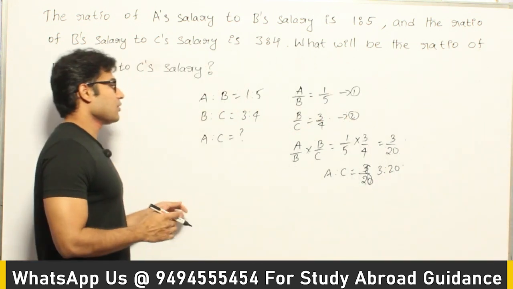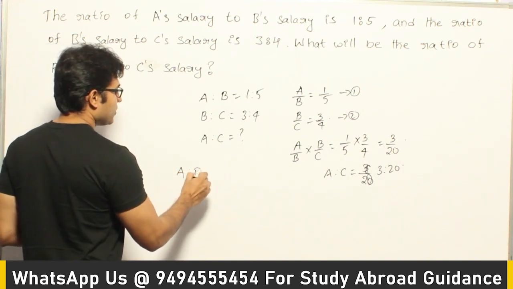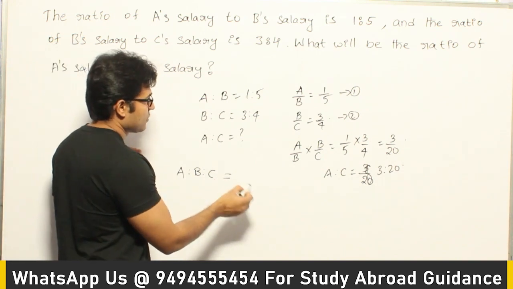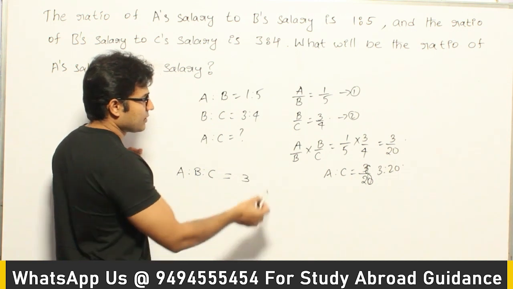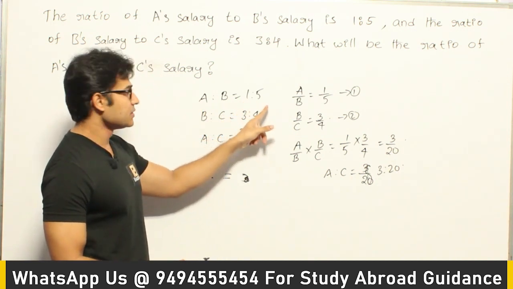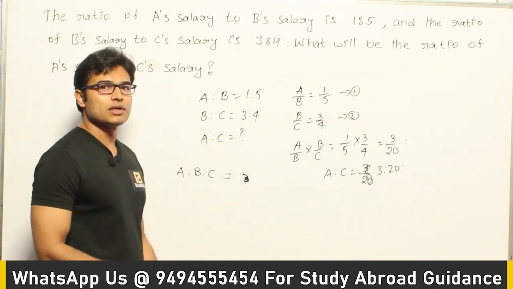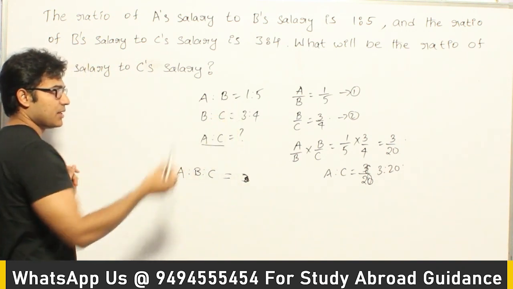Okay, now from this, if I have to write A is to B is to C, I cannot write it directly. See, I don't know what to write here, because here A is 1 and B is 5, but here B is 3 and this one is 4. So if directly A is to C is asked, you can multiply it and get it.